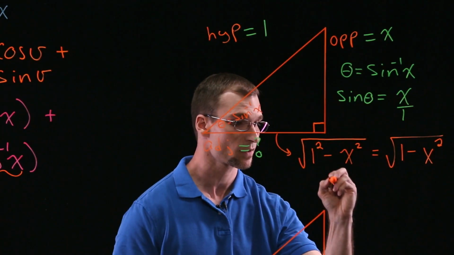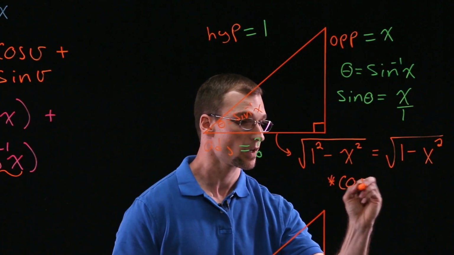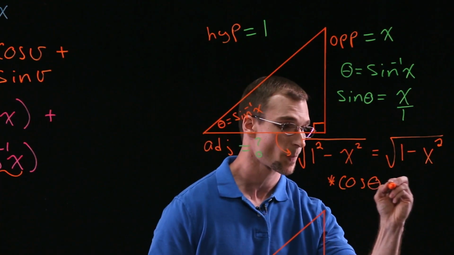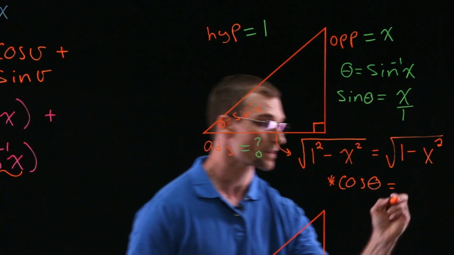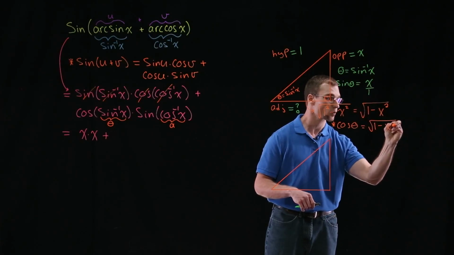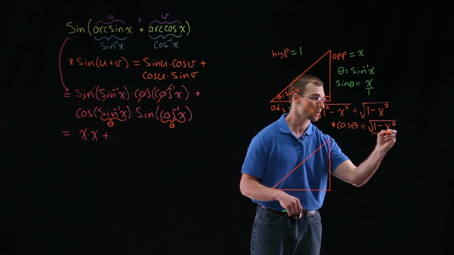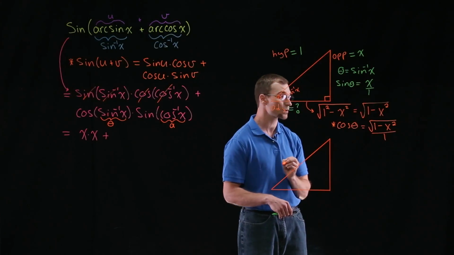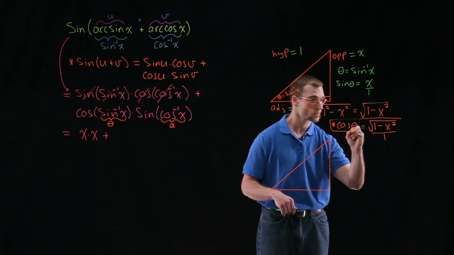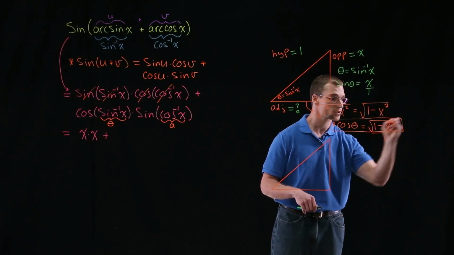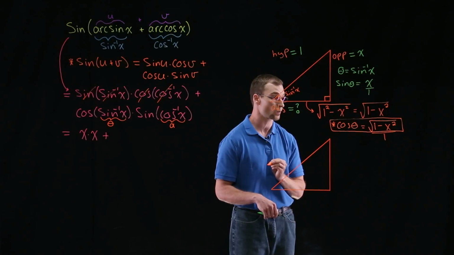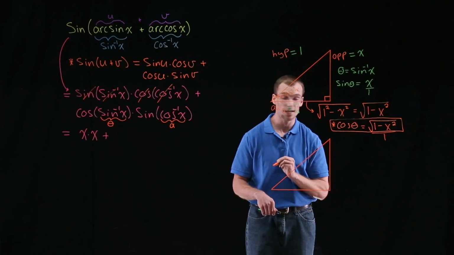So that gives us that cosine of theta, or cosine of sine inverse of x, is equal to our adjacent, square root of 1 minus x squared, divided by the hypotenuse 1, or since anything divided by 1 is just itself, cosine theta can be taken as the square root of 1 minus x squared.